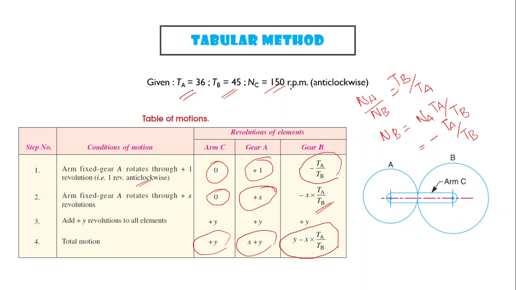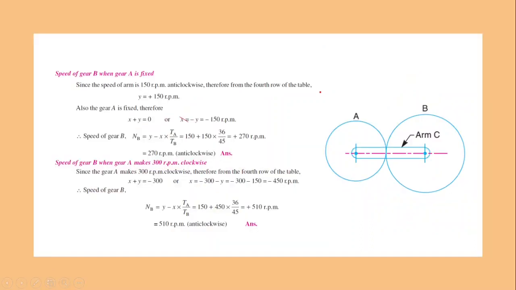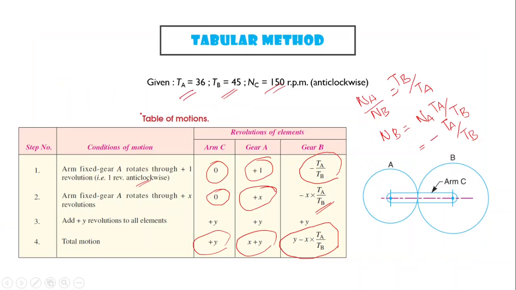NC is equal to 150 rpm in anti-clockwise direction. Then plus Y is equal to plus 150 rpm. Then for gear A, in the condition given in the question, gear A is fixed. That means X plus Y must be equal to 0.